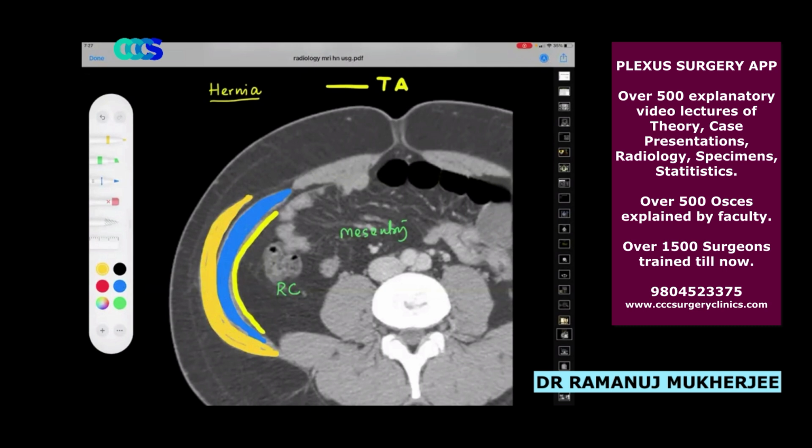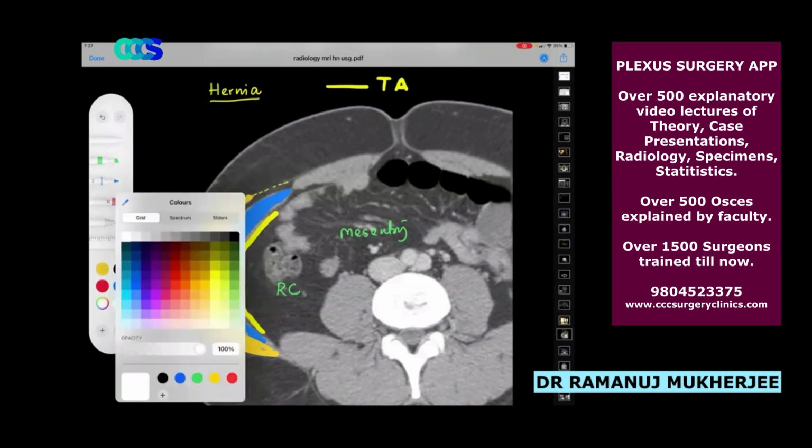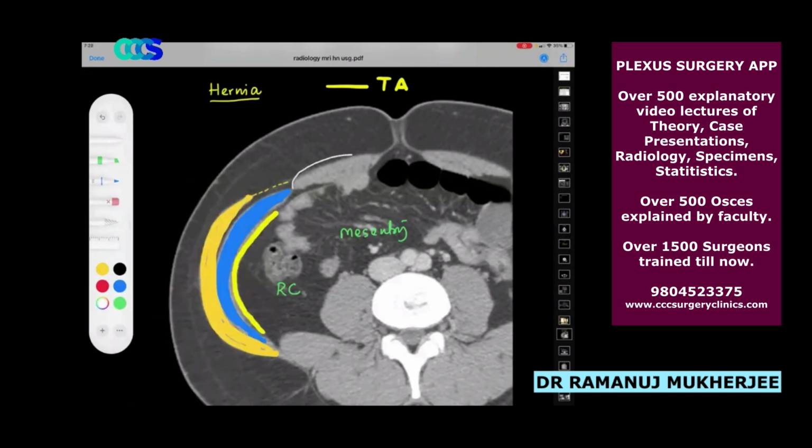If you can now find these 3 layers of muscles, what is very important is that the external oblique makes an aponeurosis and then goes on to make the anterior rectus sheath very prominently. The posterior rectus sheath at the level of the umbilicus is still evident.